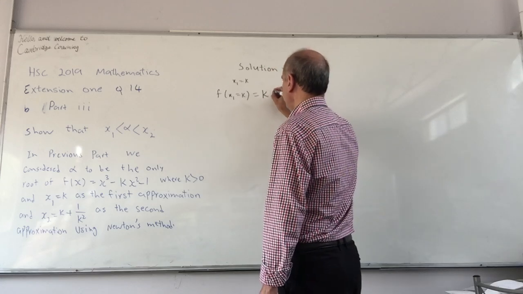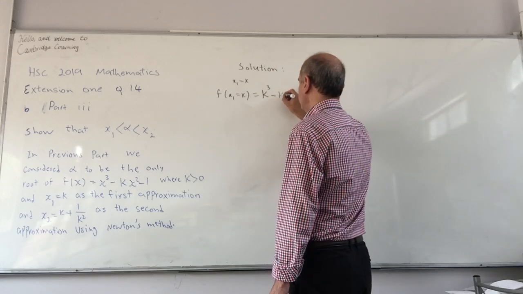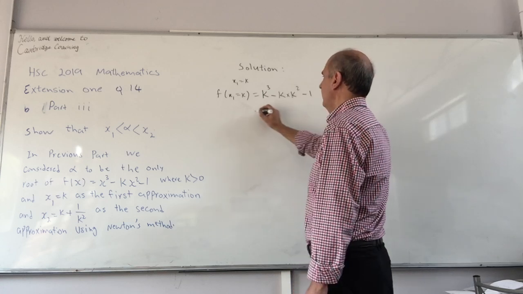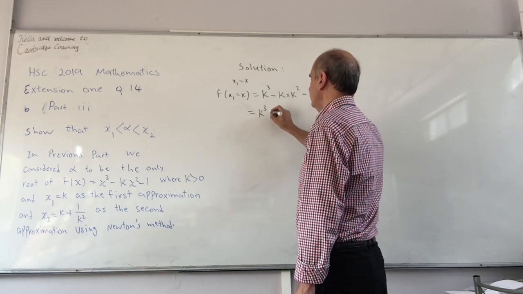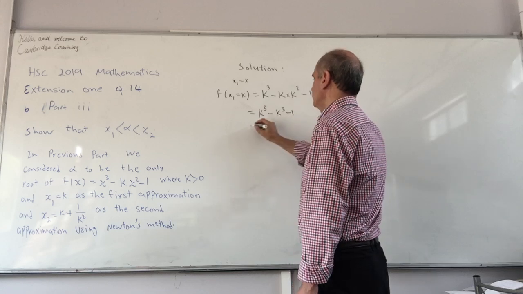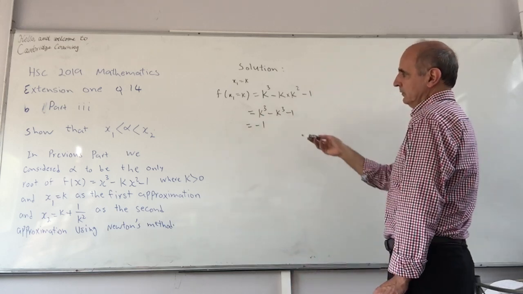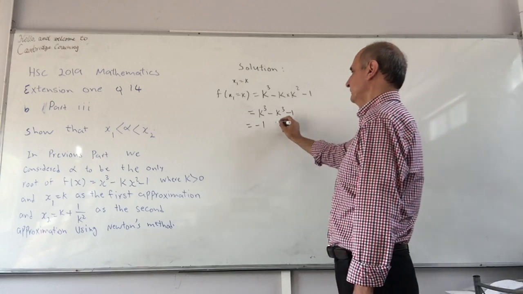So that becomes k cubed minus k times k squared minus 1, that gives me k cubed minus k cubed minus 1. This k cubed cancels out, becomes minus 1. So as you can see, this is negative.